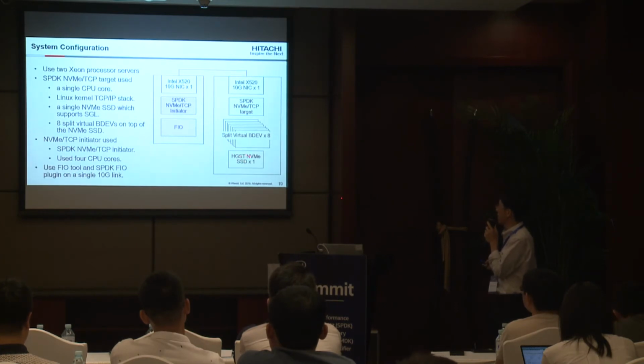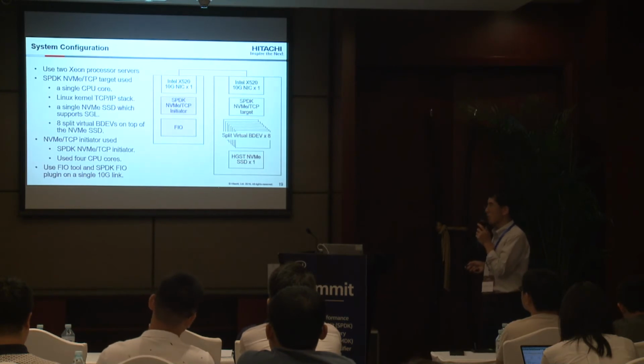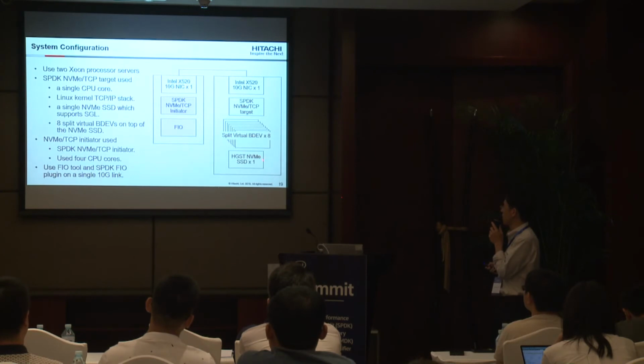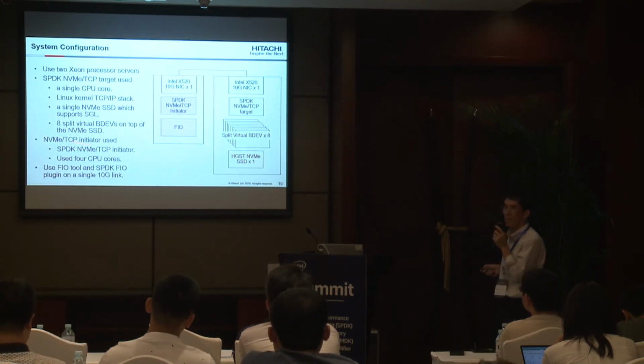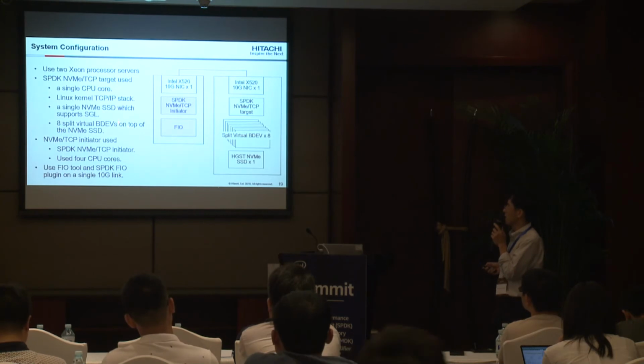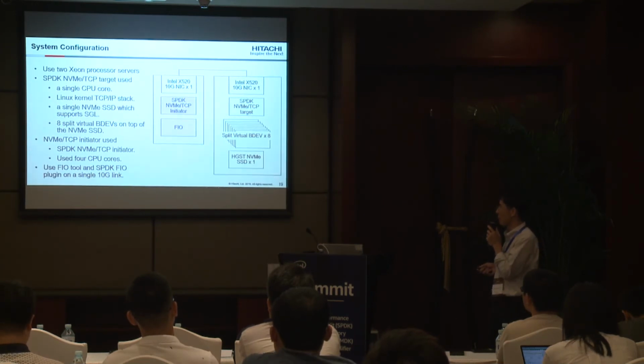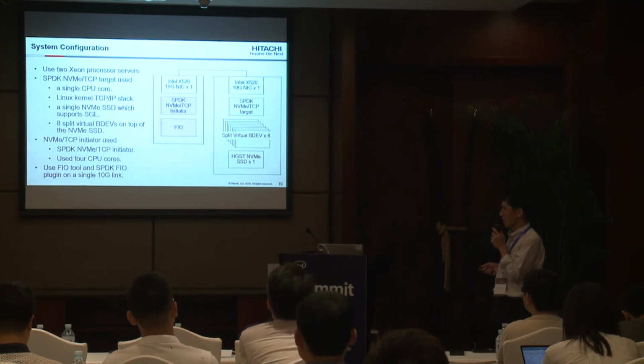I used one NVMe SSD on the target side, and I needed to use a pretty recent NVMe SSD because to use the feature, the NVMe SSD needs to have the scatter gather list feature. Some old NVMe SSDs only support simple partition, so they don't support scatter gather list.